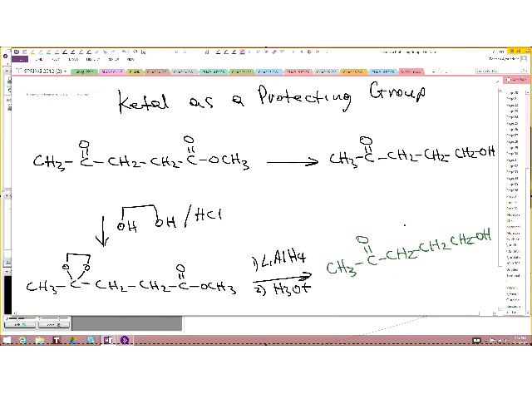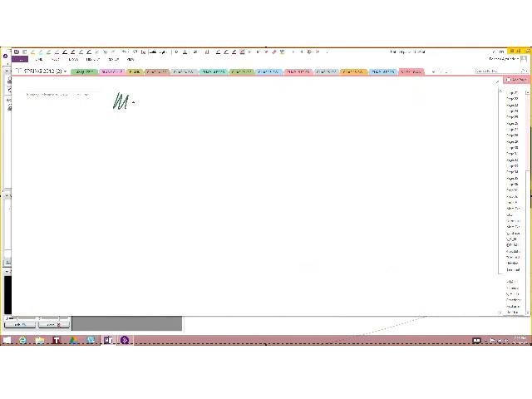Okay, so that was our reaction one. We say we could add alcohol to ketone and aldehyde. Now let us see what happens in terms of the reaction mechanism. Okay, I'll say mechanism of ketal formation.